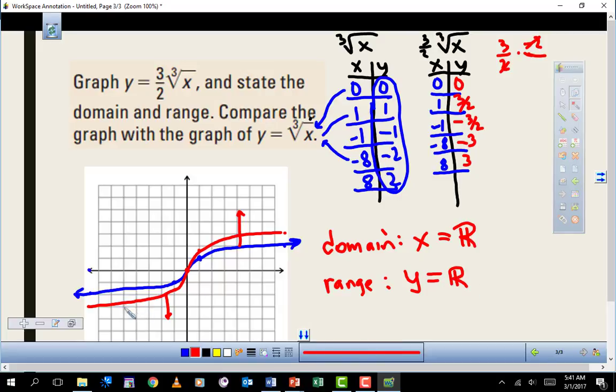So once again, there are some y values here. These are the negative ones. There's 0. These are the positive ones. So the domain and the range are the same, basically. x and y could be equal to all real numbers. And then to compare, we'd say vertical stretch.